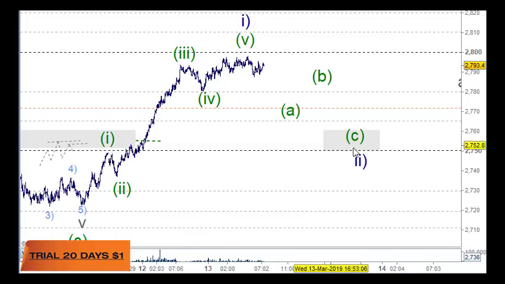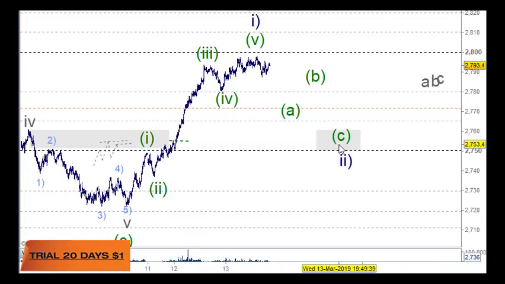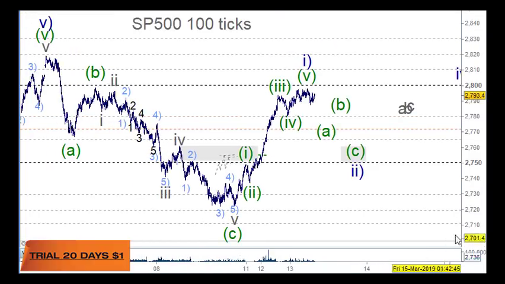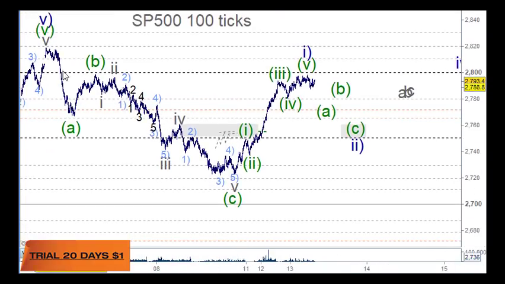So this is where we can do our buying from, especially if we can get a very clear ABC pattern here. It should be quite simple: 5 waves for the A wave, 3 waves for the B wave, and 5 waves for the C wave, and then we can move into this. So that's where we are with this. This move here is corrective.